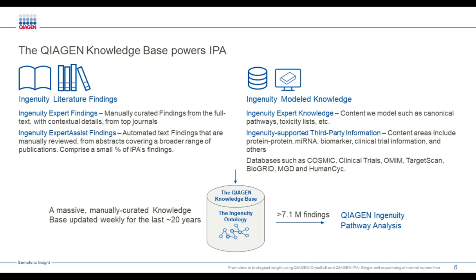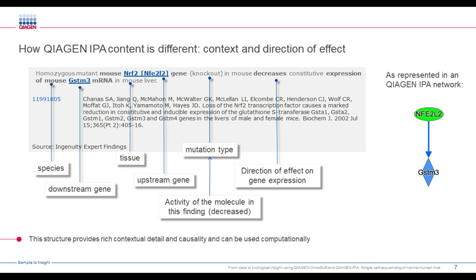So every content and every finding is well structured in a way that the software, IPA, is able to retrieve, based on your expression data, key and important findings that are pertinent to that data set.